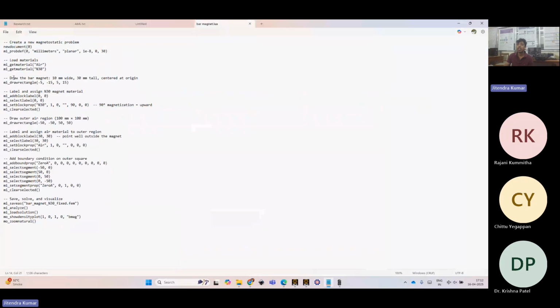And you could see here all those codes related to drawing the bar magnet, and how to assign the material with this line of code. We assigned this block, and in the block we have a node, and the node we had to assign according to the material, what should be the magnetization orientation. Then after this rectangular bar, we created a rectangular air region so that we could visualize it.